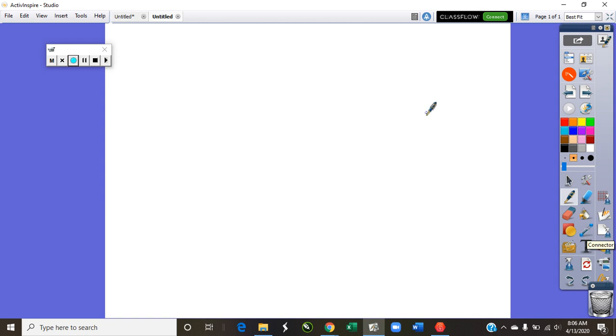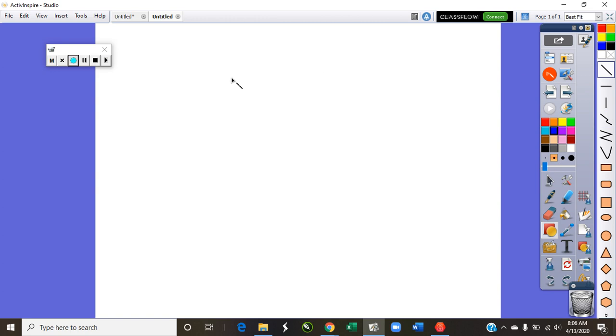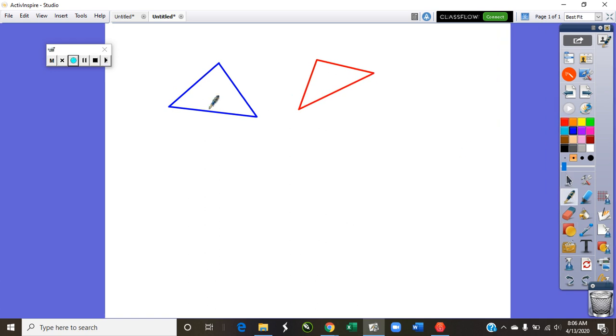Let's say I'm going to start with a triangle. Say I've got a triangle here, and we'll do another triangle here. Let's give this some labels.